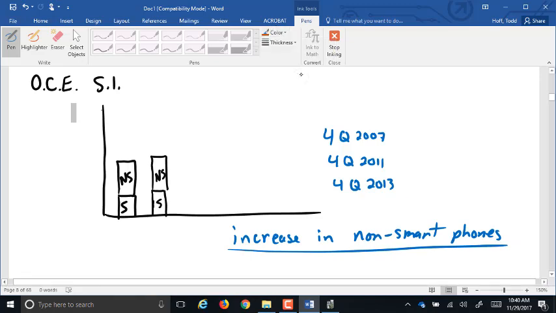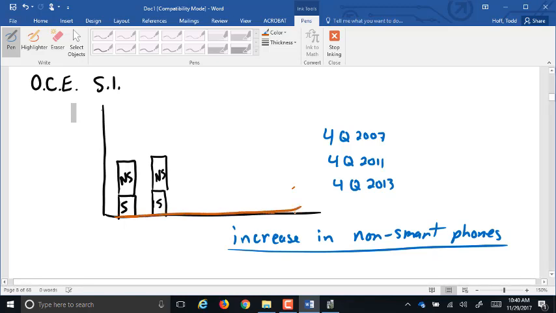Why was it so easy to see when the smartphones decreased, but so difficult to tell when the non-smartphones increased? Well, what advantage? Go ahead. Perfect. That's exactly what I was looking for there, Sam.